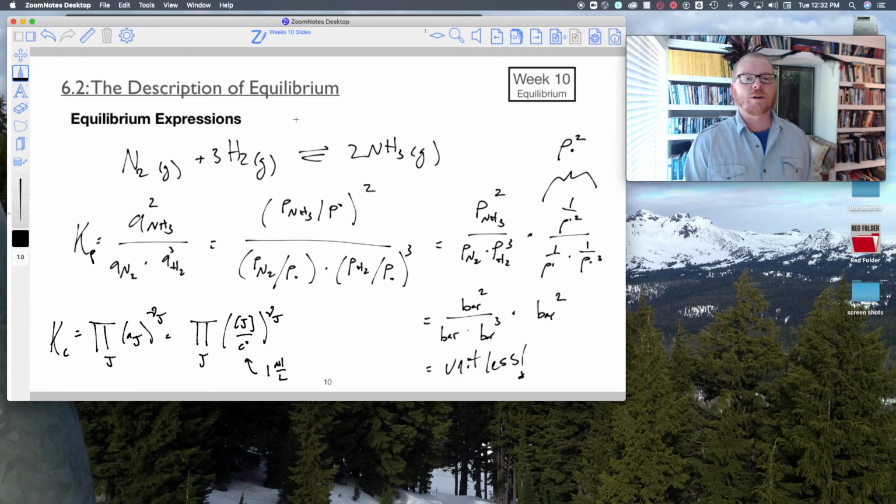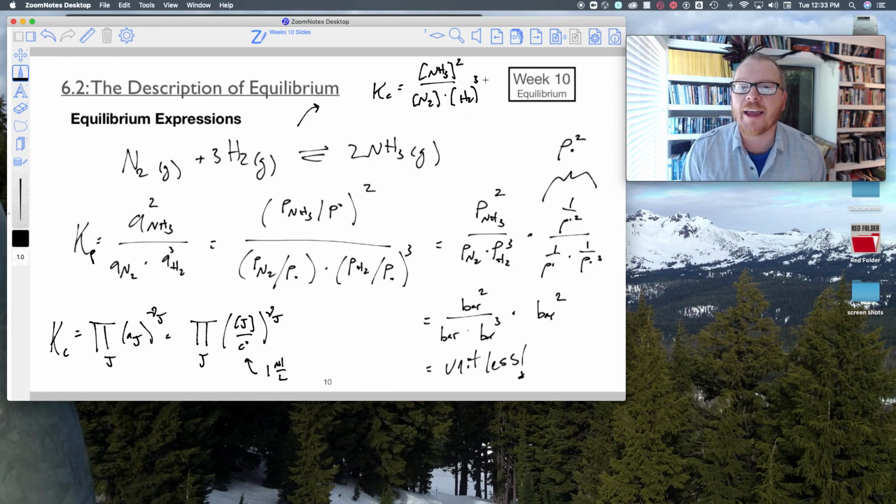So then, in other words, I can still write this Kc as the concentration of ammonia in moles per liter squared, divided by the concentration of nitrogen, divided by the concentration of hydrogen, all cubed. But what we also recognize in the same way, there's also going to be this other factor, this C standard concentration, all squared.